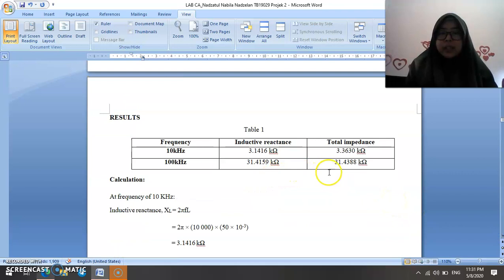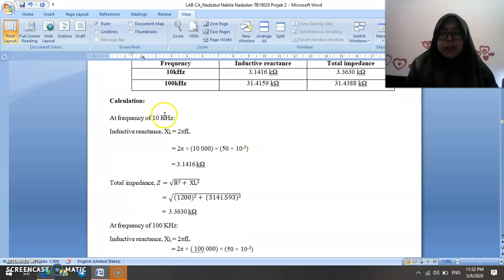These are the results after the simulations have been made. For the frequency of 10 kilohertz, the inductive reactance was 3.1416 kilo ohm, and the total impedance was 3.3630 kilo ohm. Meanwhile, for 100 kHz, the inductive reactance was 31.4159 kilo ohm, and the total impedance was 31.4388 kilo ohm.